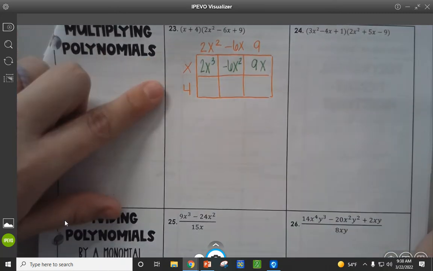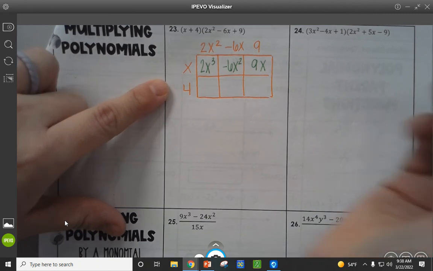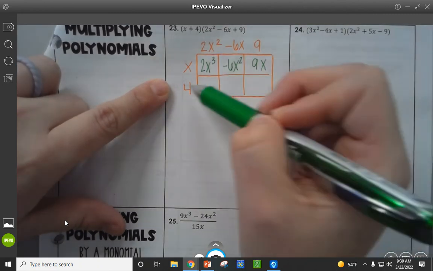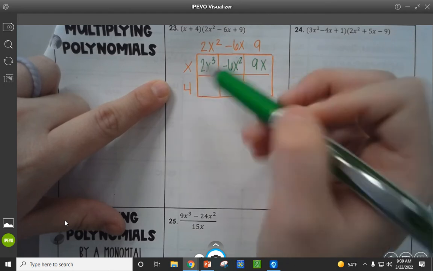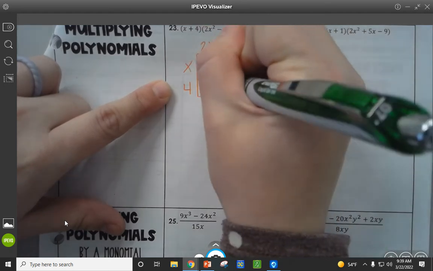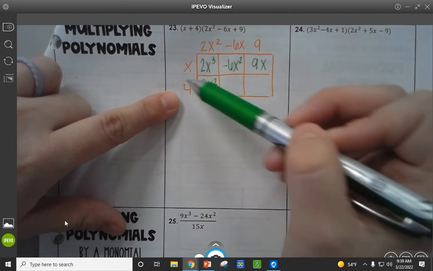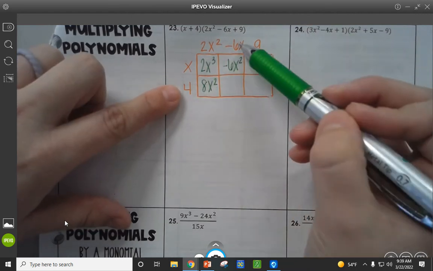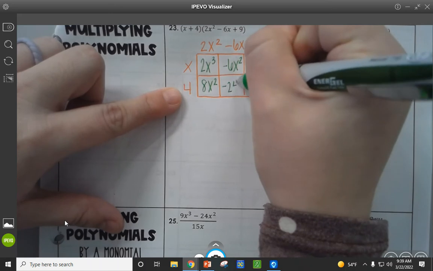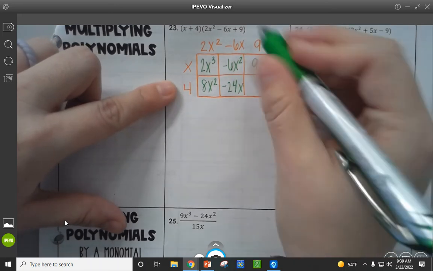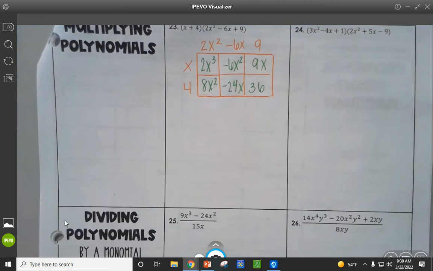Good. 2x squared times 4. 2 times 4. 8x squared. You did 4 squared, 4 to the second power. Yep. 2 times 4 is 8, and then you have the x squared. Negative 6x times 4. And 9 times 4? 36.